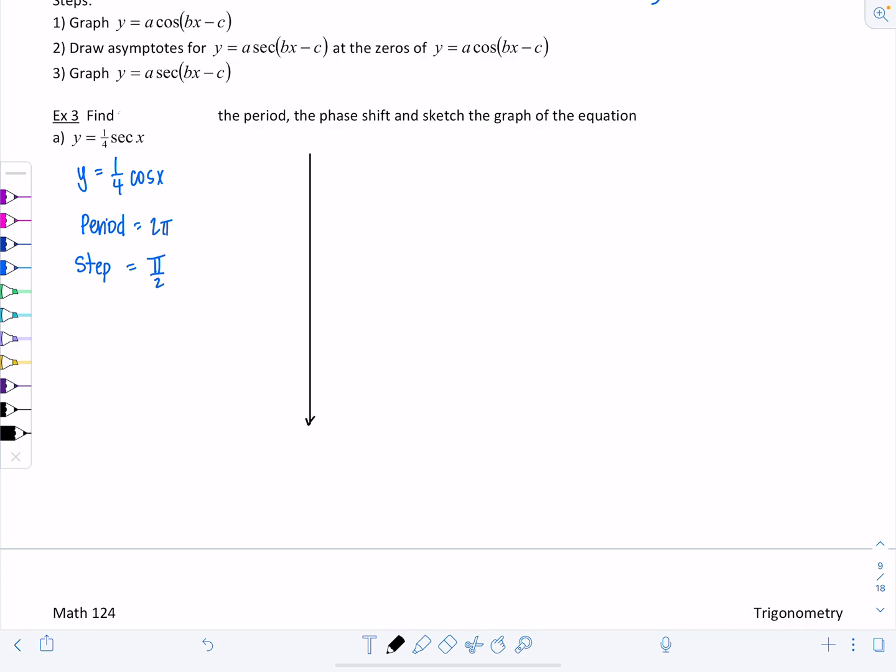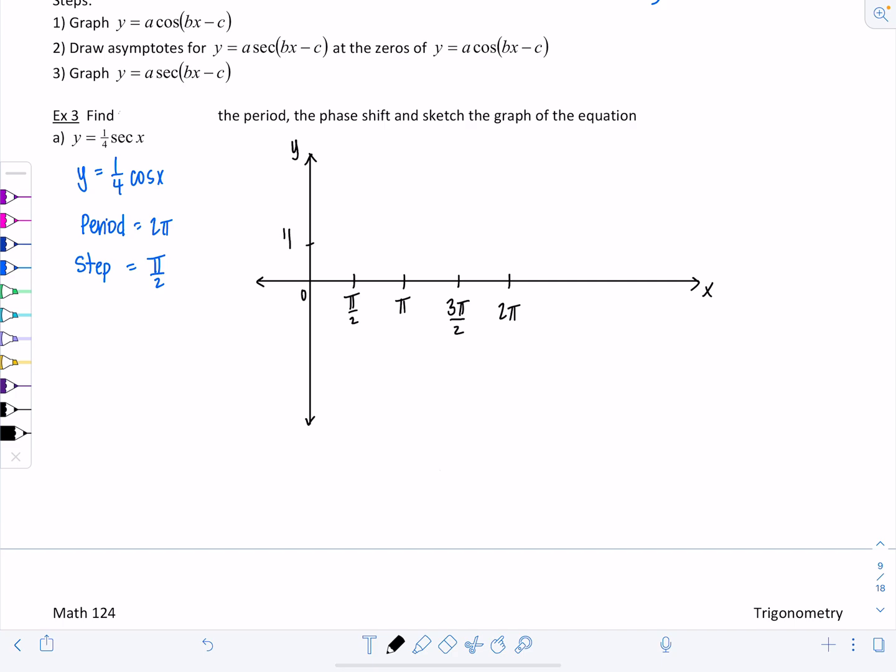So here we go, y-axis, x-axis, and we have 0, then I'm going to count pi over 2, pi, 3 pi over 2, 2 pi. What does cosine's graph look like? Well, it starts up at 1.